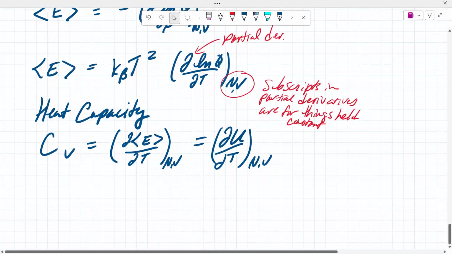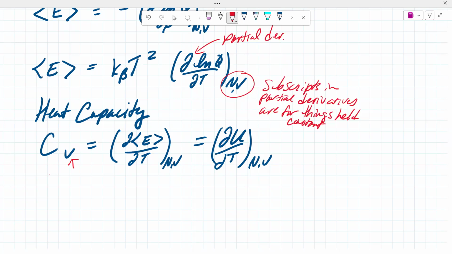Now, this is C sub V, so this also is saying what's constant. This is heat capacity, and constant volume is what this means. This is internal energy.